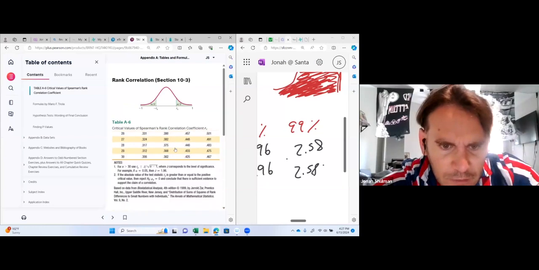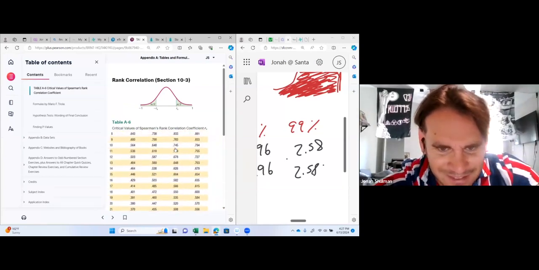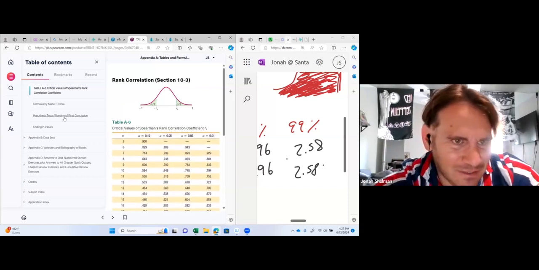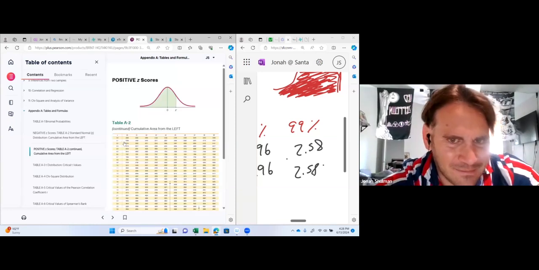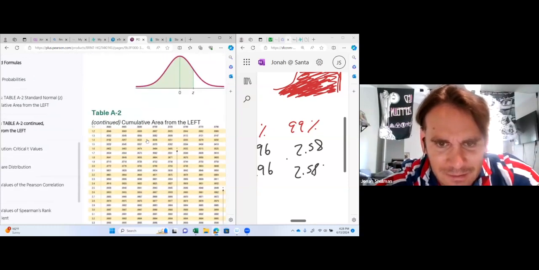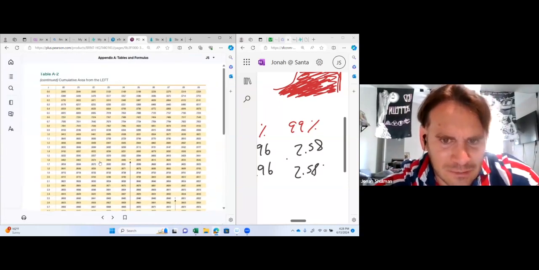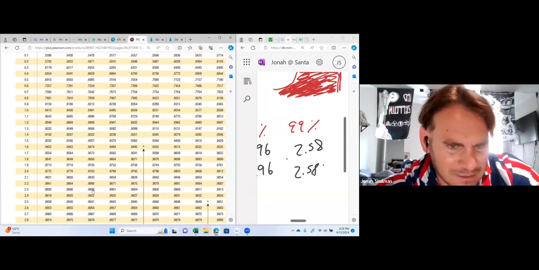Table's not being my friend. Guess what? That's okay. I'm gonna change the table on me. And let's get rid of that. So I got some more space to look at this thing. I want 99%.